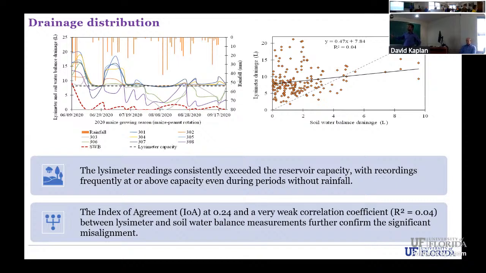This is what we observe for drainage from the water balance approach, like a simple model of input and output of water fluxes. And this is what we observed from the drain gauge from the 8 lysimeters. And look at that. This line is the capacity of the drain gauge reservoir, which is about 8.1 liters. That's the maximum amount of water that the drain gauge can hold.